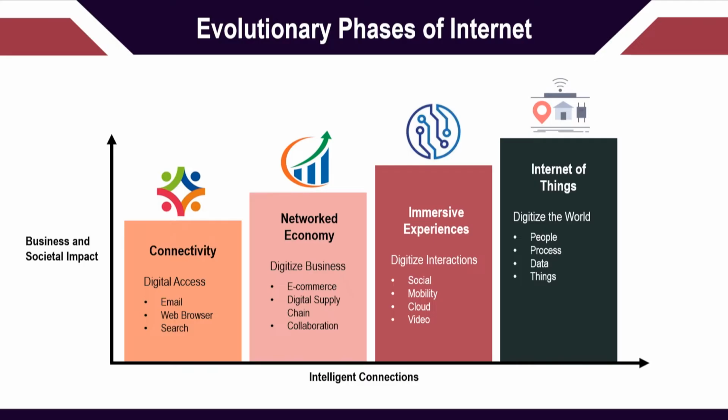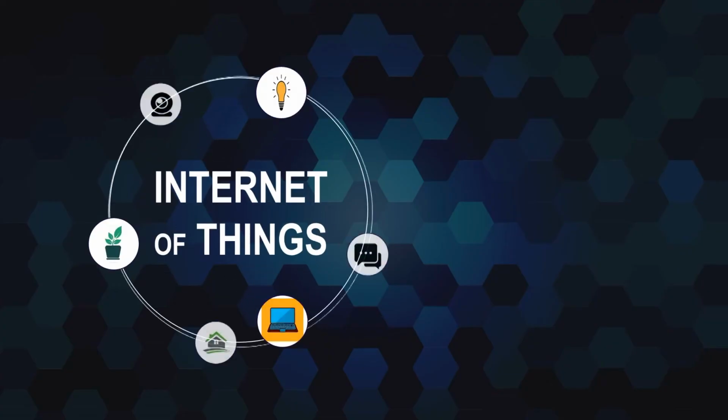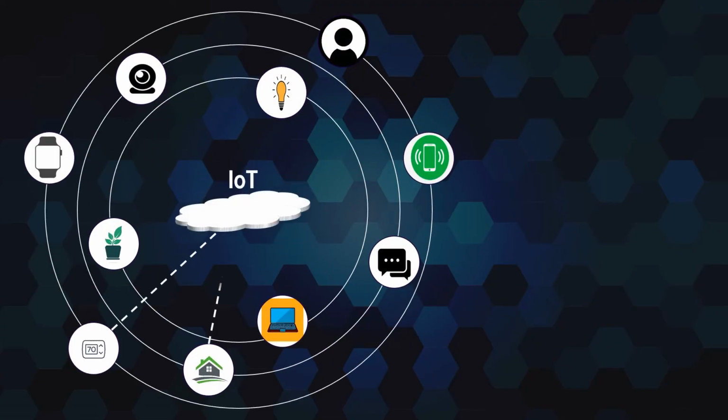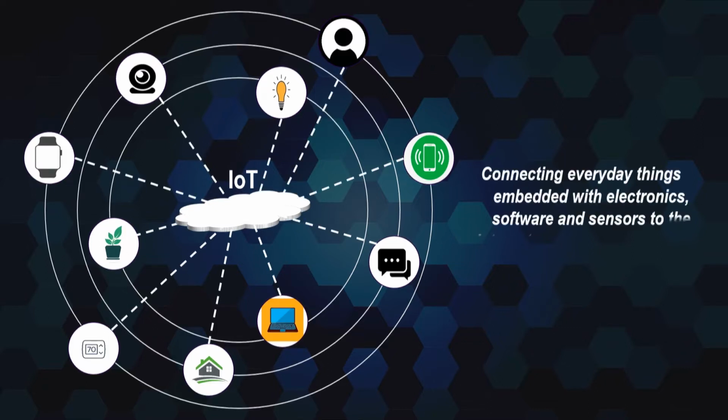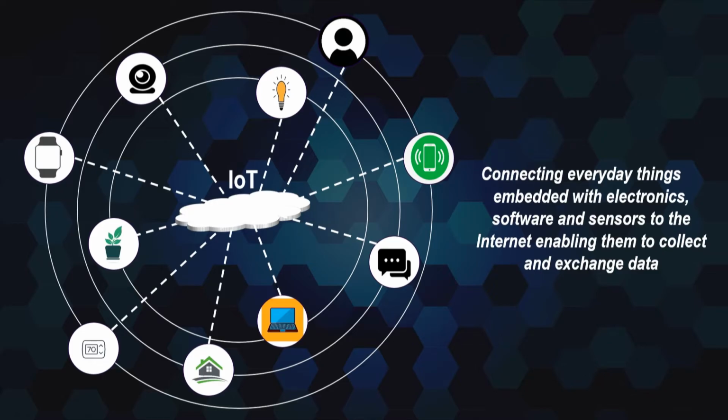As I have told, this Internet of Things is basically the connectivity among people and objects, physical objects or things that we see in everyday life. The definition of Internet of Things says: connecting everyday things, mind it, everyday things, anything which you are seeing in your everyday life, that may be a fan, a light, a microwave, a washing machine, anything that is embedded with electronics, software and sensors.